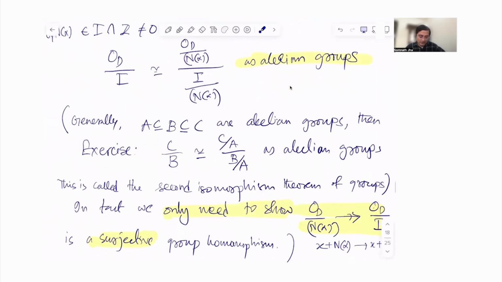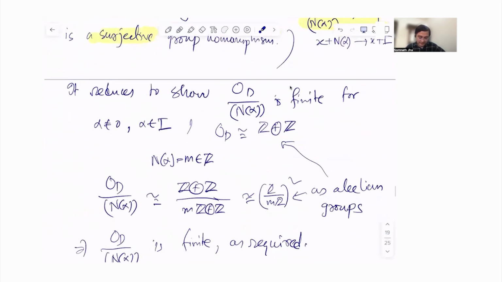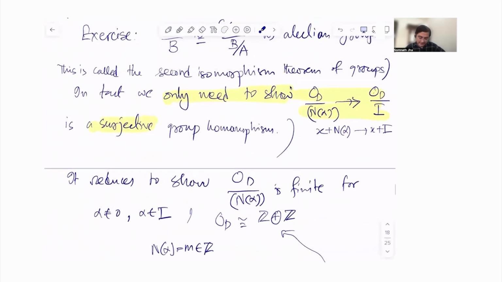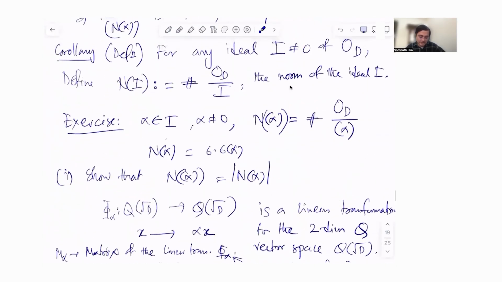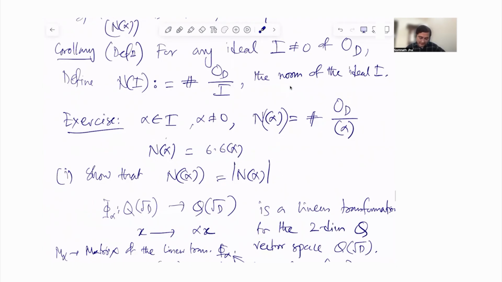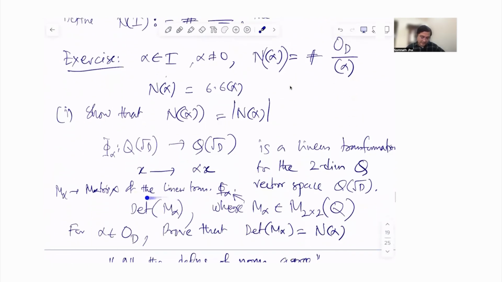Because O_D mod I for any non-zero ideal is finite, this index we define to be the norm of an ideal. And then I gave this exercise that if you take an element alpha that's an algebraic integer, then the principal ideal generated by alpha is essentially the same as the norm of the element alpha. Also, the determinant definition of norm: multiplication by alpha from Q(√D) to Q(√D) is a linear transformation, so that is a matrix, and the determinant of that is the norm.